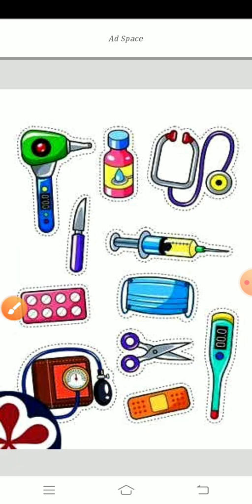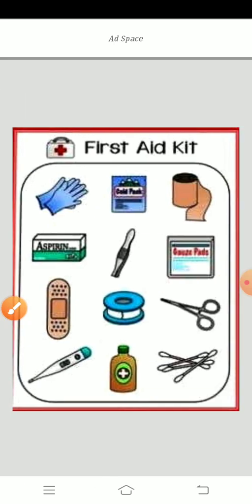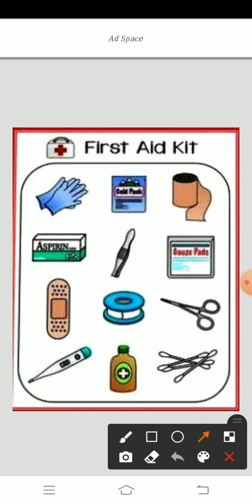Even some gloves, pads, a picker, tape, Dettol, tablets, thermometer, earbud, scissors, and a board for writing the prescription. These are all the things they keep in the first aid box.